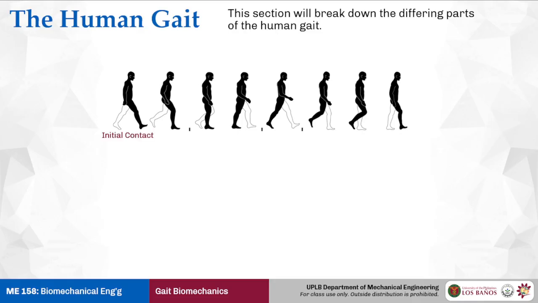So this is kind of like an example from another reference. So they kind of classify it differently. So here we have our initial contact. So this person used their heel to make that initial contact. Is that consistent with other cultures? Sometimes you actually see initial contact with the toe.